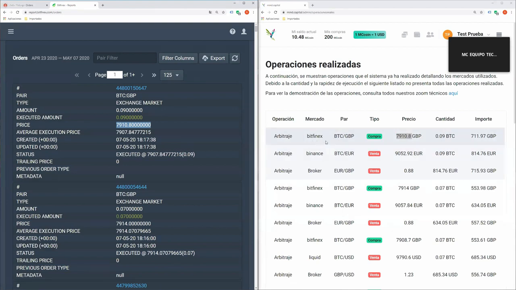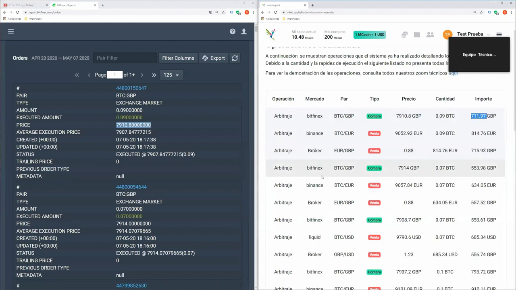And we buy in Bitfinex for this amount. We sell in Binance for this one. We have another operation, Bitfinex. I'm going to explain: 1, 2, 3, 4. Okay. This operation with Binance is the same operation of this exchange.